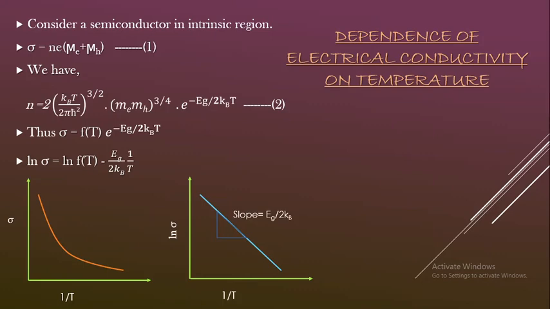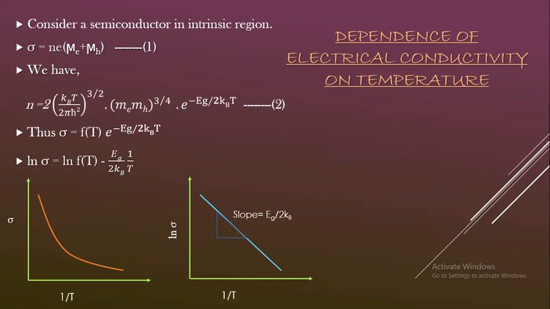But nowadays, generally we use optical methods to measure the energy gap, which will be discussed in our coming classes, under fundamental absorption. So this is the use of understanding the dependence of electrical conductivity as a function of temperature. If you have the slope, easily you can find out the characteristic parameter, which is nothing but the energy gap of the semiconductor.